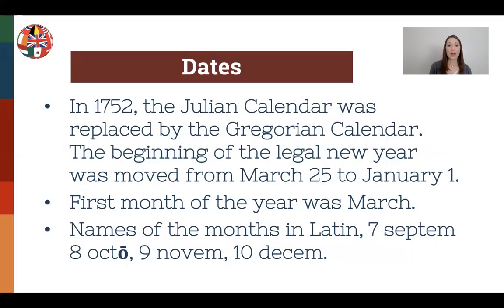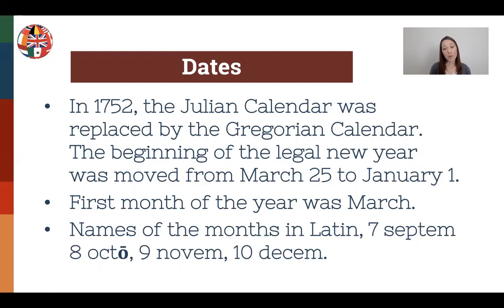Another thing to be aware of with dates was that in 1752, the Julian calendar was replaced by the Gregorian calendar. And so the beginning of the year changed from March 25th to January 1st. So if you are looking at a date system that says day, month, year, and the month is represented as a number, then the first month of the year was March before 1752.